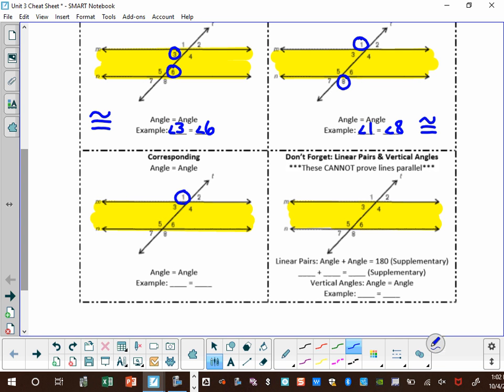Angle 5 is in the same position on top of line N. So that means that angle 1 is equal to angle 5. Or you could do 2 and 6, 3 and 7, or 4 and 8. Corresponding angles are also congruent. They're going to be the same number.